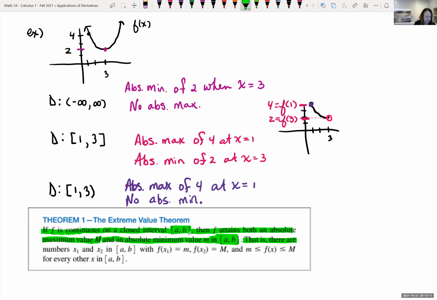That is, there are numbers x sub 1 and x sub 2 in [a, b] with f of x sub 1 equal to our minimum and f of x sub 2 equal to our maximum. And our little m, the minimum, is less than or equal to all y values on our function f of x, which is less than or equal to the maximum y value, for every x in [a, b].